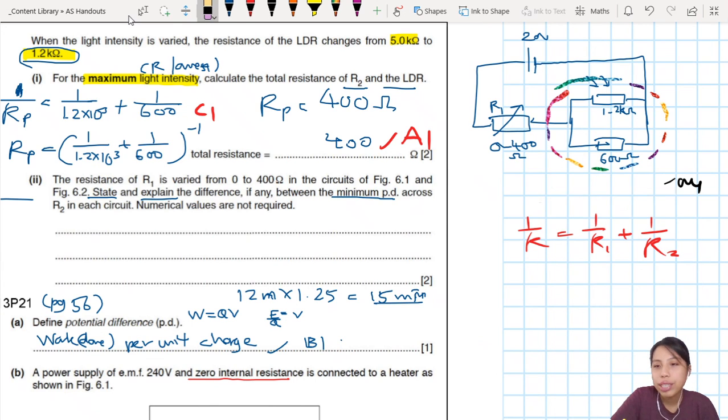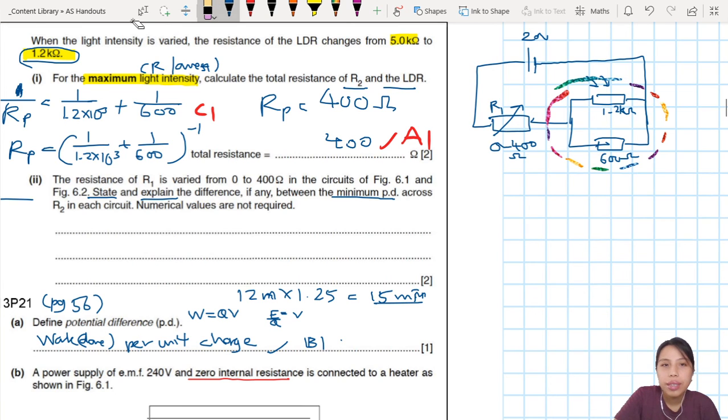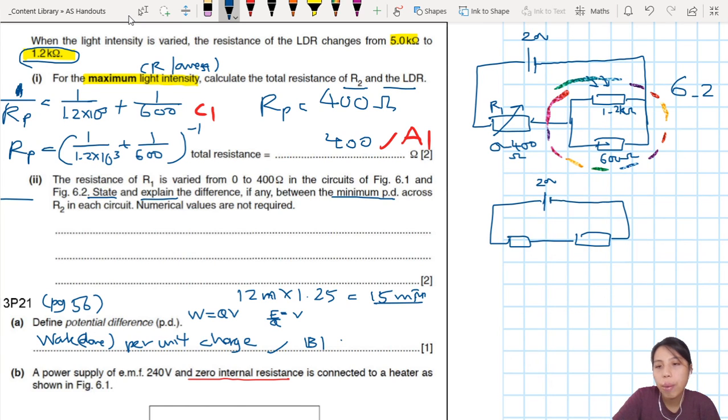Okay, so much more drawing now. I'm going to draw here. That is figure 6.2 and it can be simplified to become like this: one resistor, and a second effective resistor, because you already combined the parallel resistance, and just now you found it is 400 ohm.